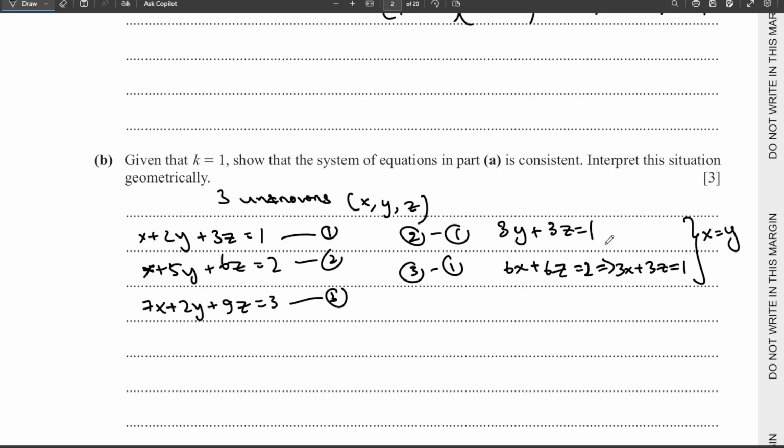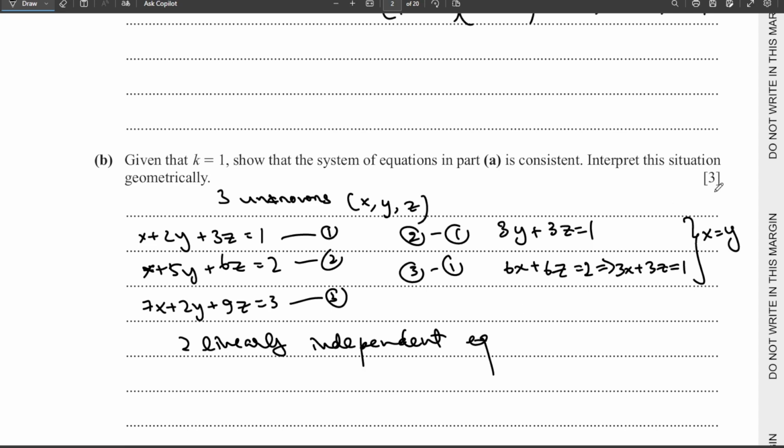So z is linearly independent by its own. Z has its own solution, we don't know what that is, and we have another linearly independent equation here, which is x minus y equals 0. So actually, we only have two linearly independent equations. We only have two pieces of information given to us, but we have three unknowns.